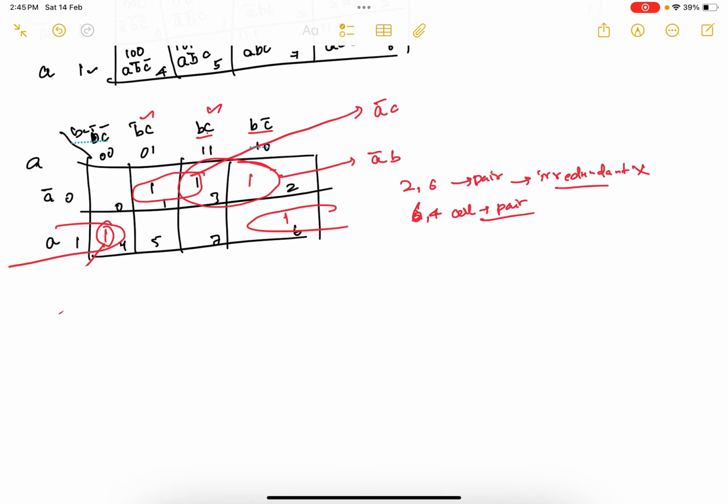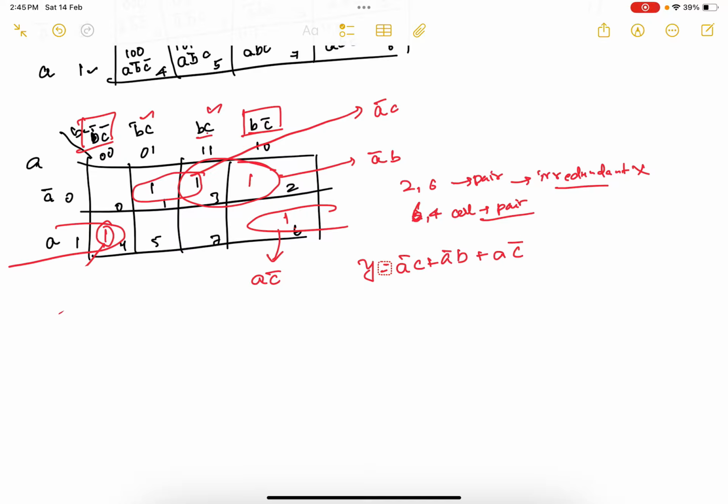For this pair, the combination will be A. When you talk about the first cell and the last cell, the common term is C bar. So the final answer will be Y equal to A bar C plus A bar B plus A C bar. Okay, so this is what we will get.